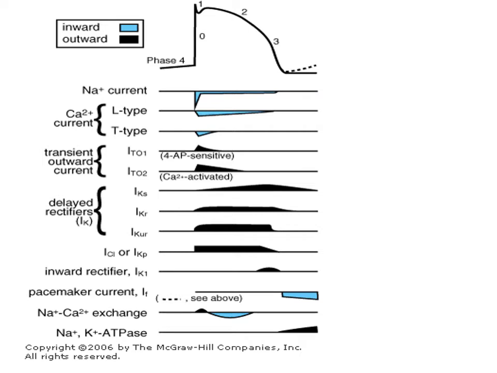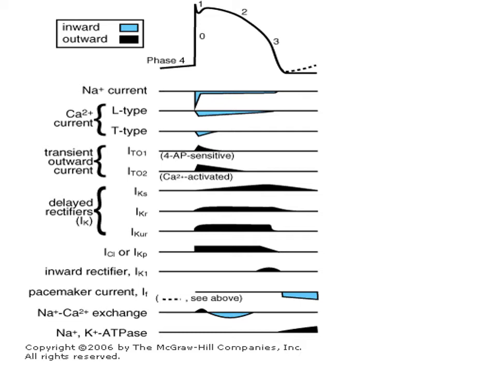Again, just another picture showing you some of the different channels that are going to be responsible for allowing the myocyte to contract. So you see on that first section there, a big influx of sodium, and then sodium is going to be dipping down to pretty minimal activity. If you guys remember our L-type calcium channels, that's where a lot of our calcium channel blockers are going to be working specifically.